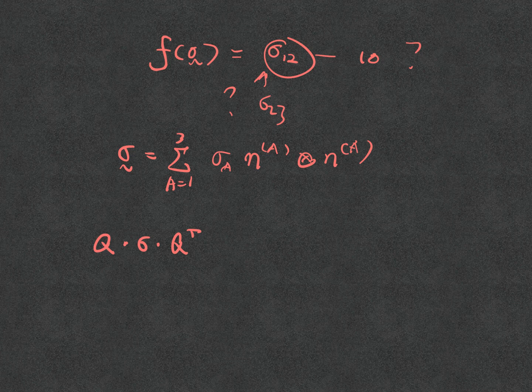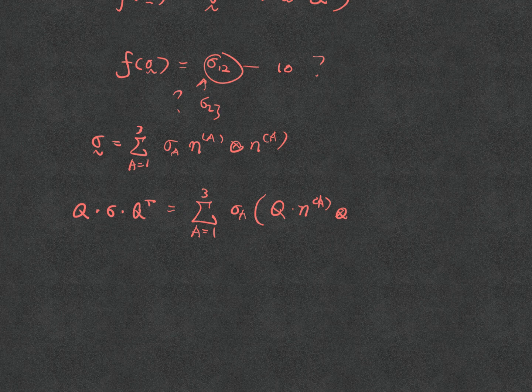So what happens is that I create a new stress with a change of the observer, and then I will write n_A times Q dot n_A. Okay, so what will happen to that?